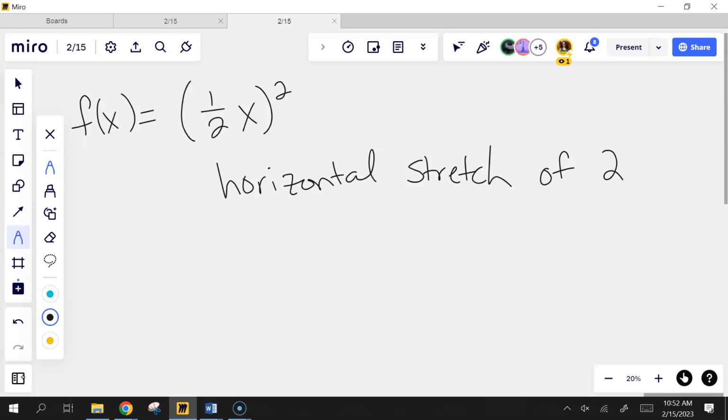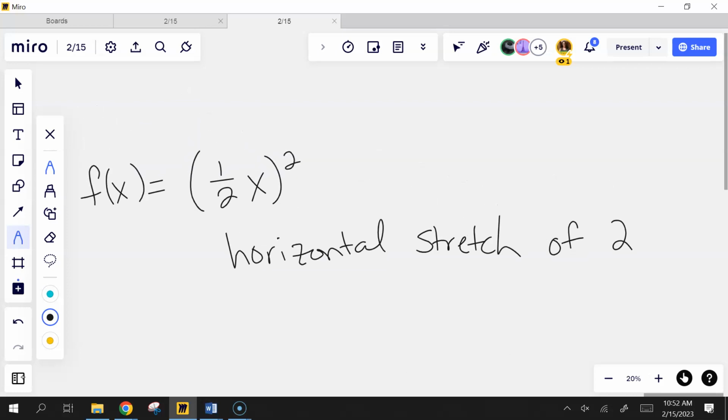Horizontal is always opposite. Always. Well, right now, you can use your little green sheet and look. But if it's done only to x, this is horizontal. If it looked this way, that's vertical.